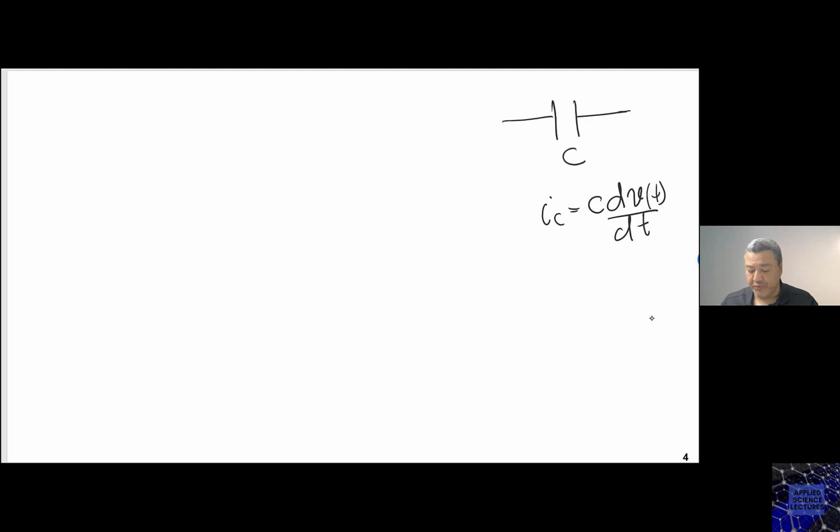So if I assume that the voltage is a sinusoidal signal, let's say v is A cosine omega t, then the phasor representation of this would be V capital. In phasor, we always use the capital: A angle 0, right?